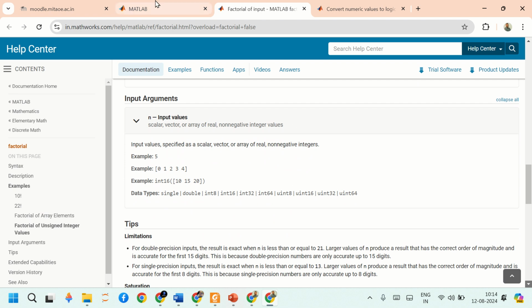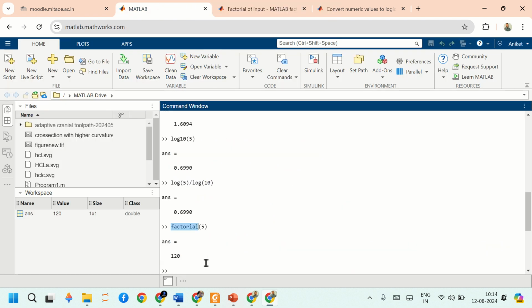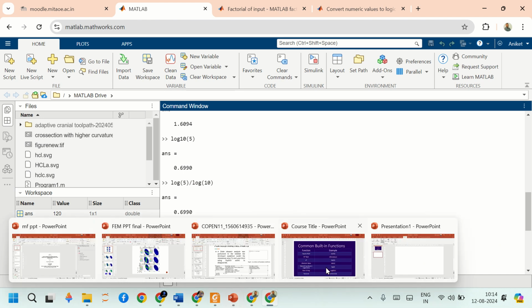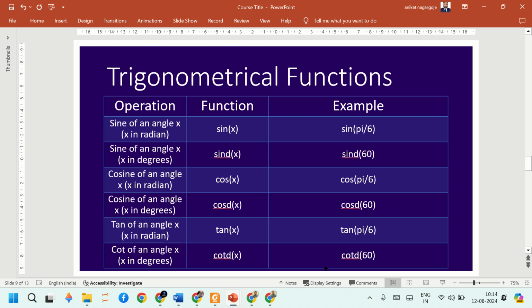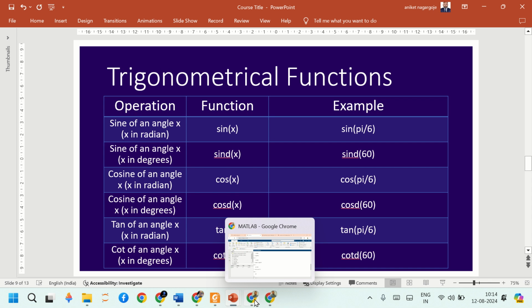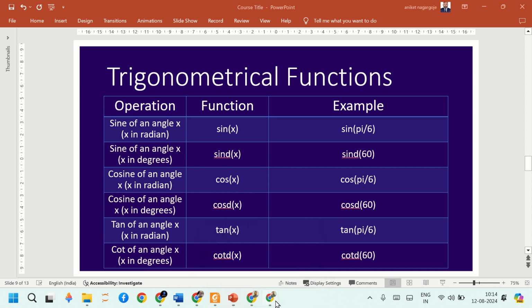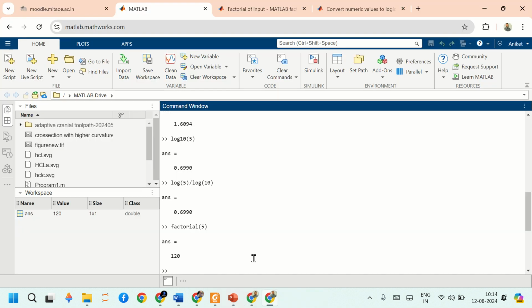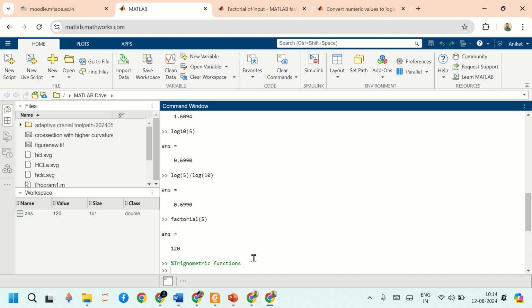Okay. So we'll go to the command window again and let me check if there are any other built-in functions. Then there are trigonometric functions. So we'll try these trigonometric functions as well. The first one is sine.